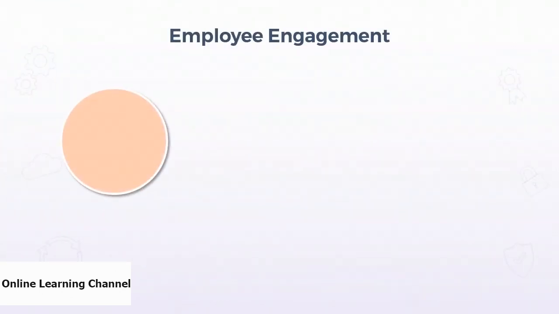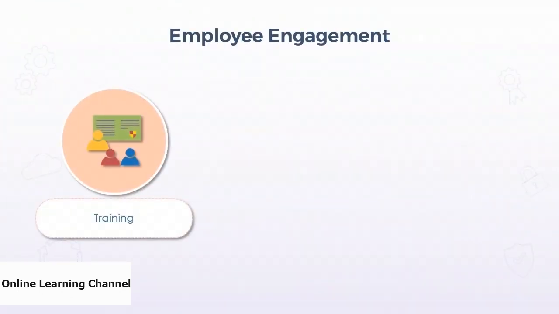Now, consider employee engagement. What is the most important asset of an organization? I could argue that would be the people that work there, the human resources. With that in mind, consider how employee engagement can be enhanced with conversational bots. First, with respect to training or onboarding, a conversational bot can answer questions from new employees through a convenient conversational interface.